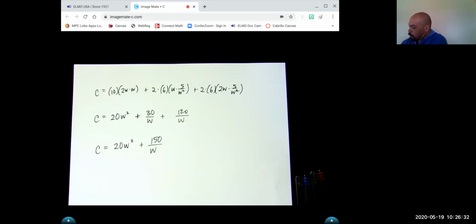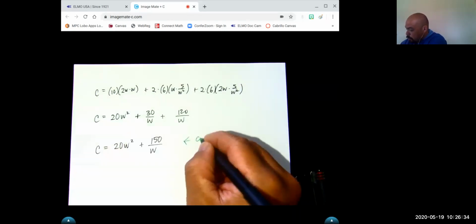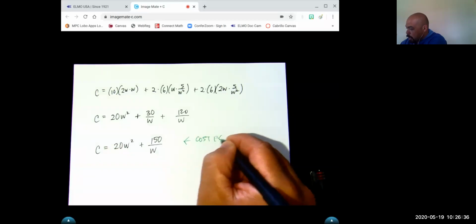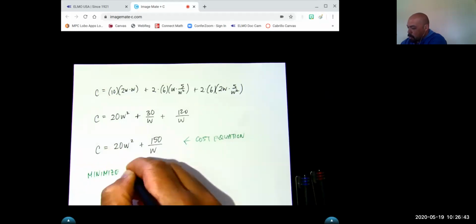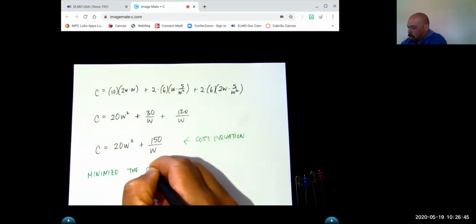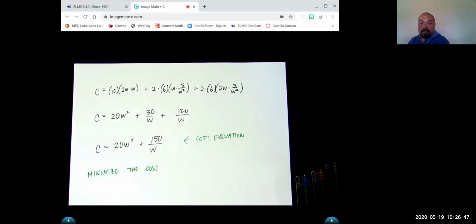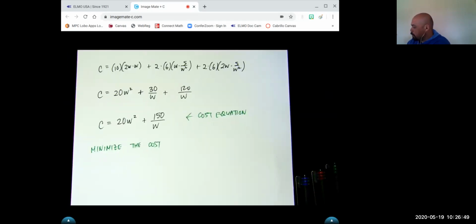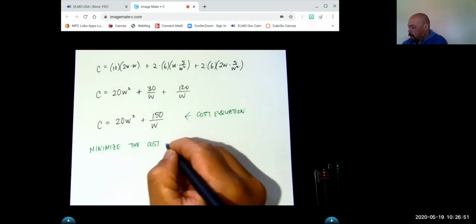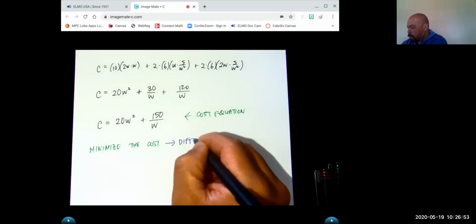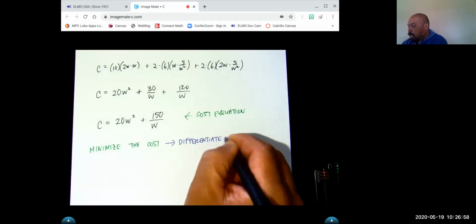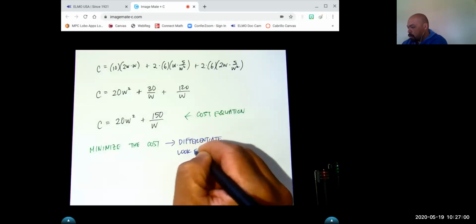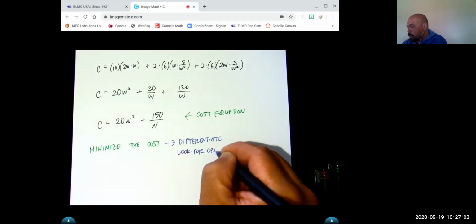And so now, from here, remember, we want to minimize the cost. So with our discussion in chapter 4, 4.1, that means we're going to differentiate, take our derivative, and look for our critical numbers.